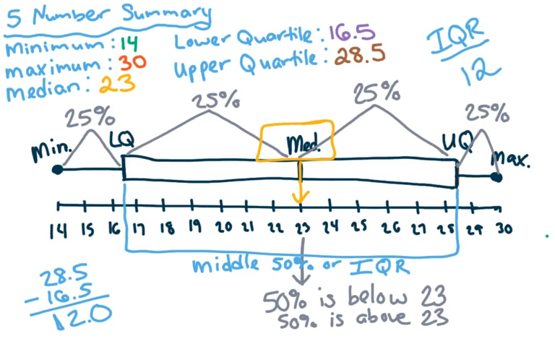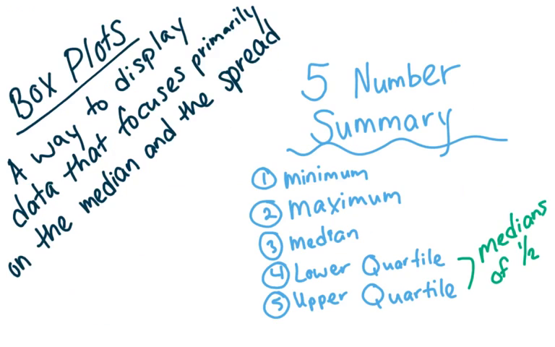So looking back over these things, a box plot is a way to display data that focuses primarily on the median and the spread. You have to know the minimum, maximum, median, and lower and upper quartiles to create a box plot. Box plots do not show data.